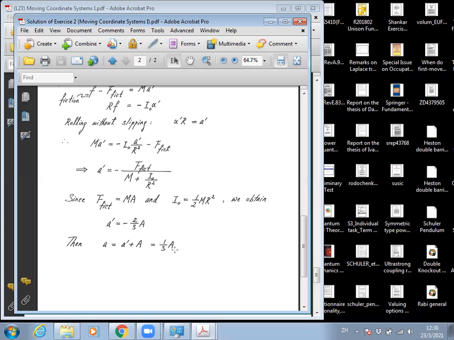There's no difference. So whether we are treating a system in a uniformly accelerating frame, or we treat it as an inertial frame with an added external force, they are equivalent. All right? Now, this is the so-called principle of equivalence that you will encounter in your study of general relativity.